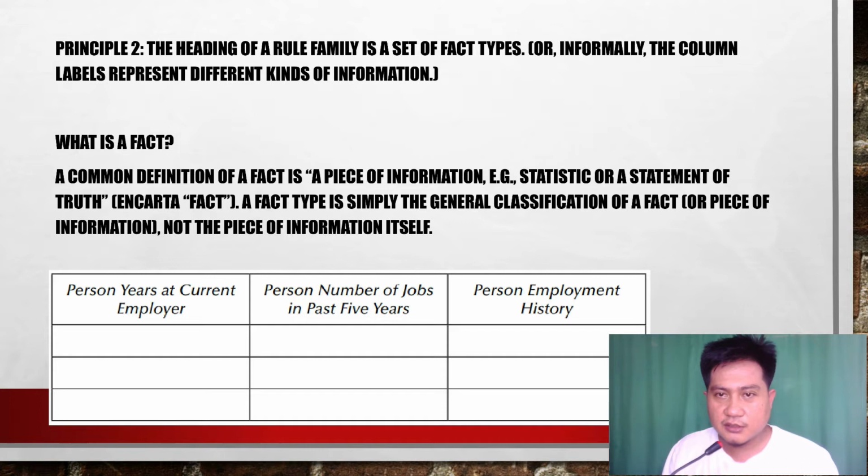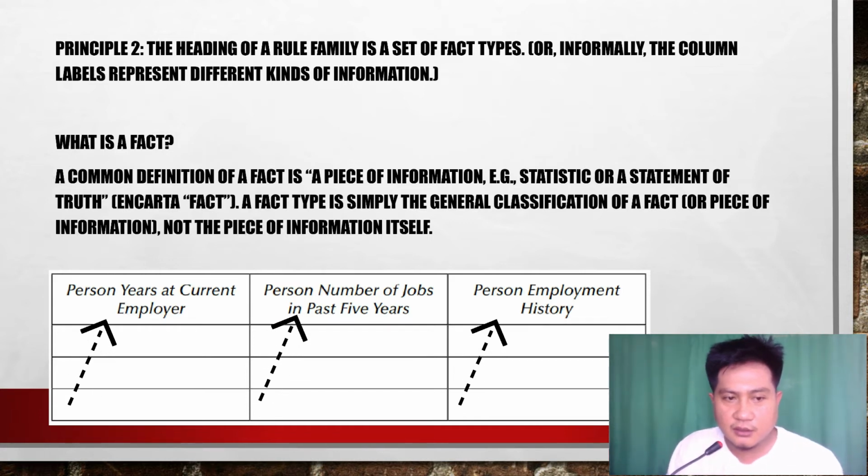That is the basic structure of a decision model. Now in principle 2, it talks about the heading. It says that the heading should be fact types, or informally the column labels. So these are the labels. Okay.